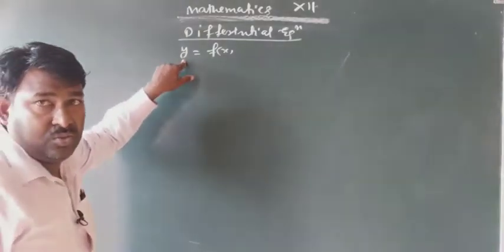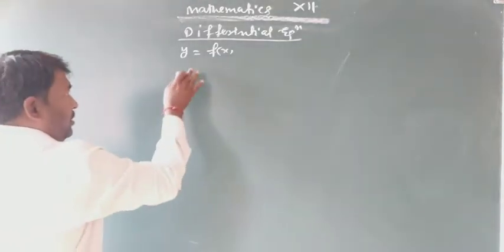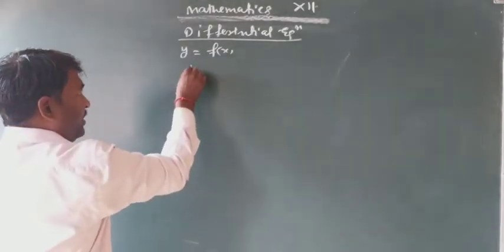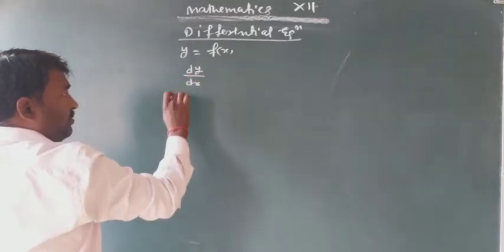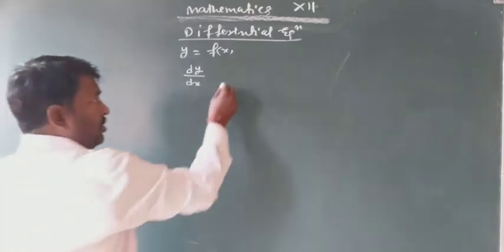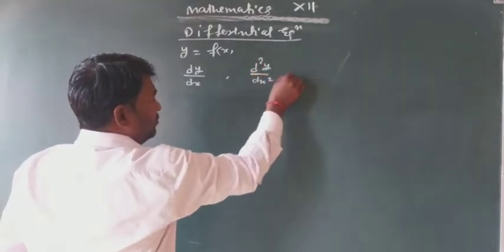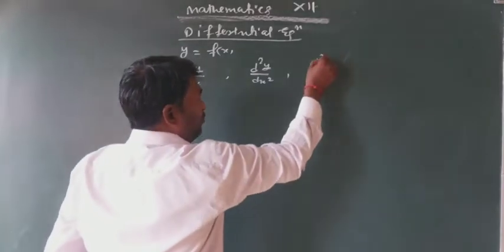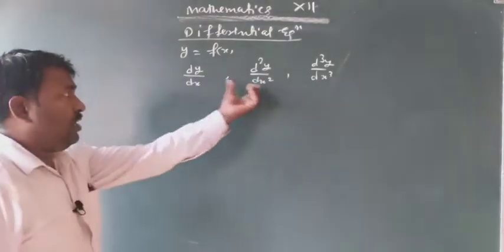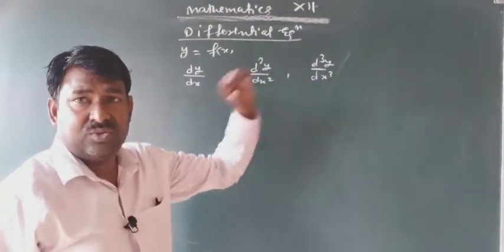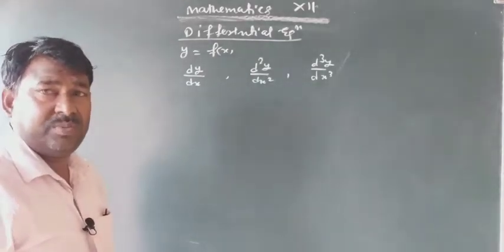So you are well aware of dependent and independent variables. Now its derivative with respect to the independent variable is dy by dx, or its second derivative is d2y by dx square, and its third derivative is d cube y by dx cube. So these are all said to be derivatives of the dependent variable, where y is the dependent variable.